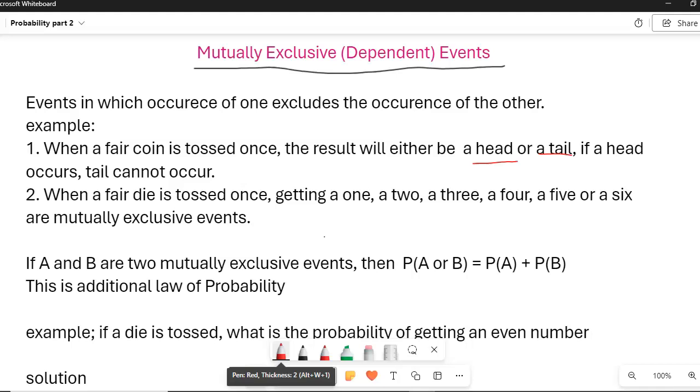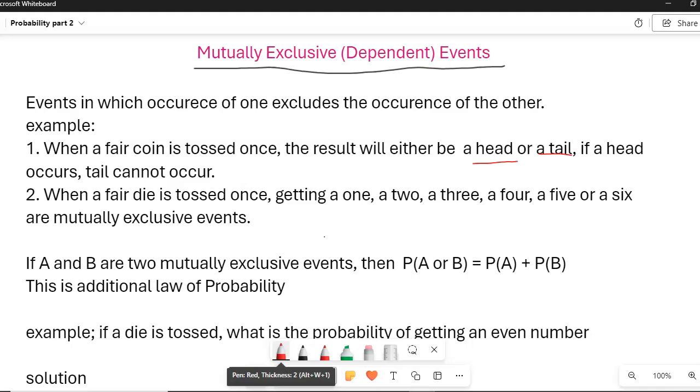When you toss a coin once, we are going to have an outcome of either a head or a tail, but not both of them. So that is an example of a mutually exclusive event or dependent event.